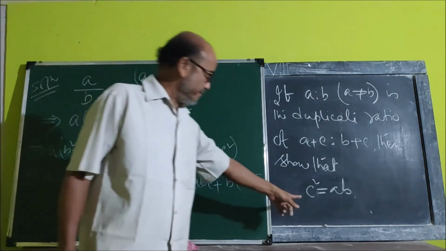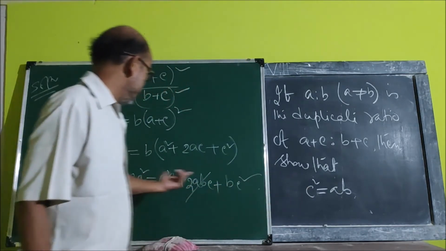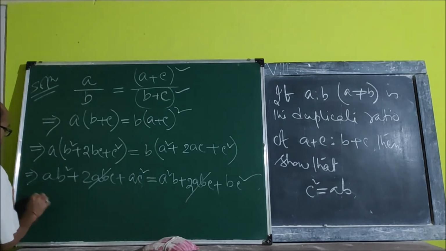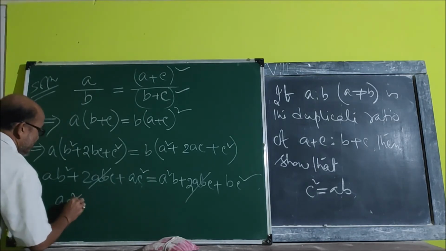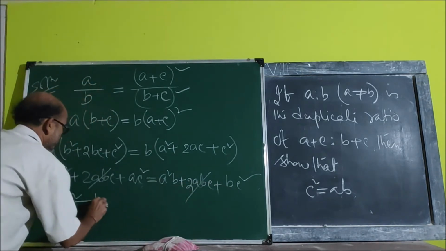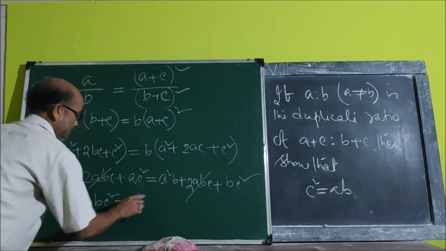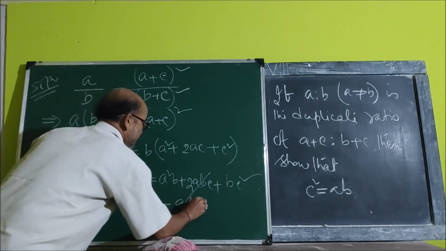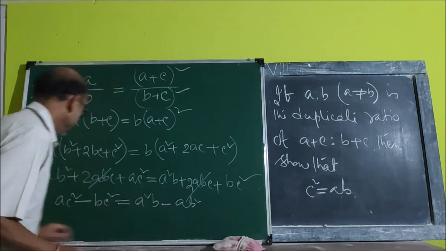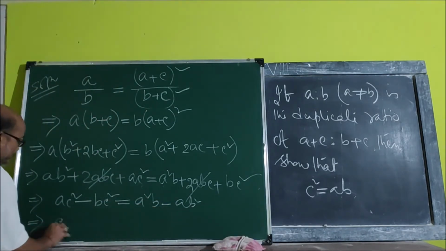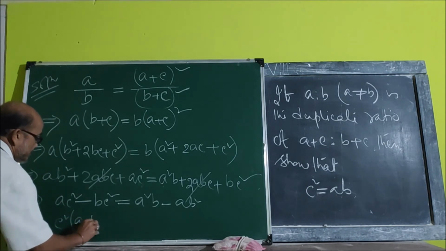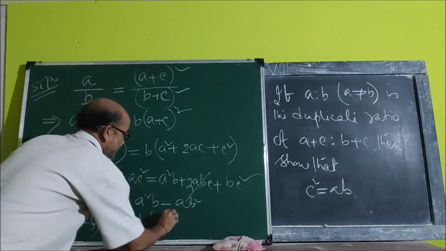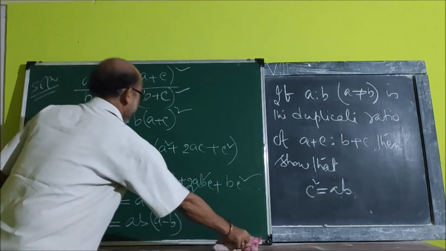Then, as we have to solve for C square, we keep C square on the left side: A square B minus B square A equals C square times A minus B. Take C square common, and AB common.